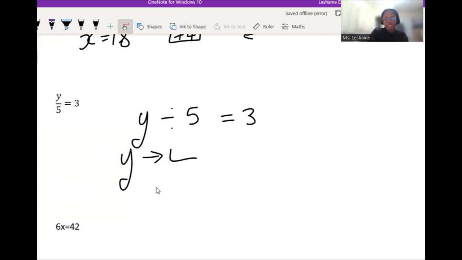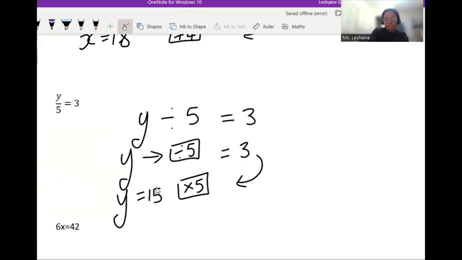Y is being divided by 5. And that gives me 3. So what is the opposite of dividing by 5? Multiplying by 5. So 3 times 5, y is equal to 15. And you always want to circle or underline your answer just so that your teacher can really see your solution clearly.